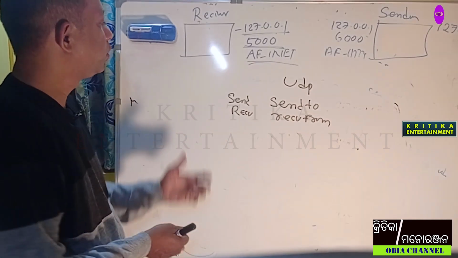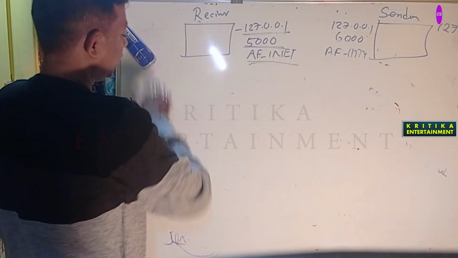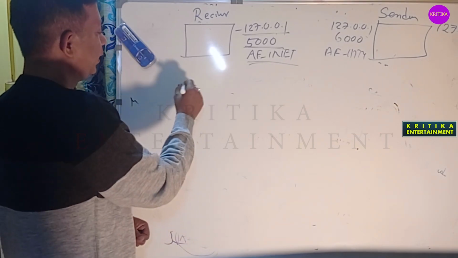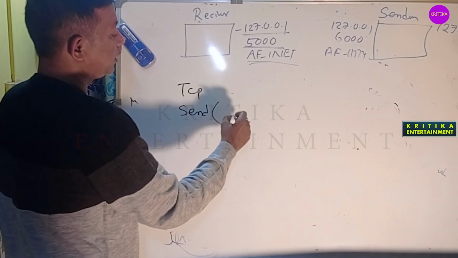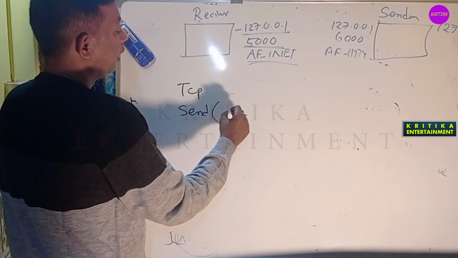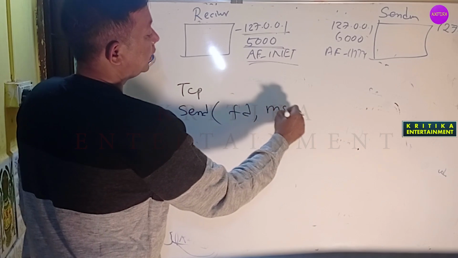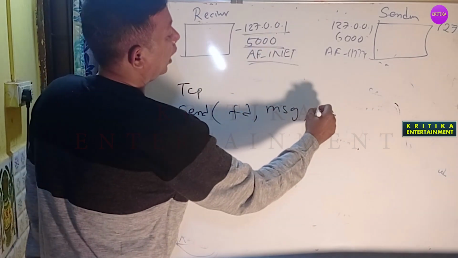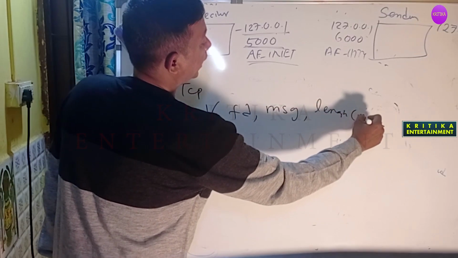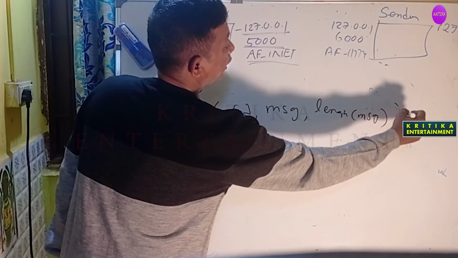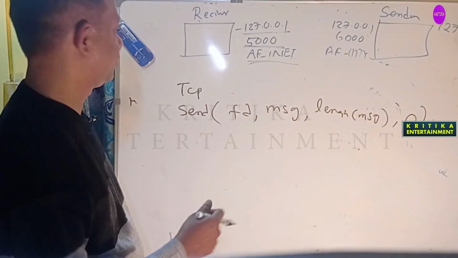So send takes 4 arguments in TCP: first is the FD, second is the message, third is the length of the message, then fourth is the flag, 0. 0 means successful sending of 1 byte characters.